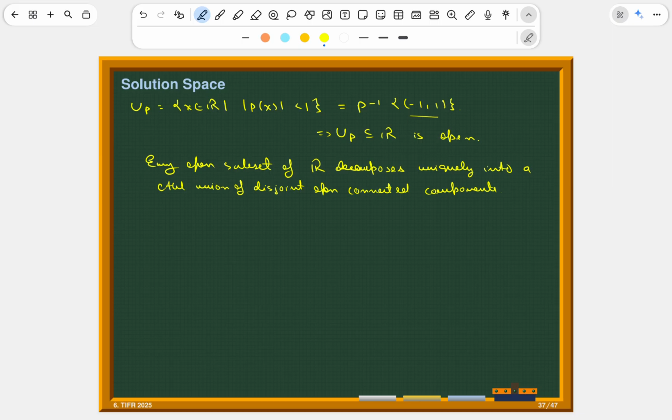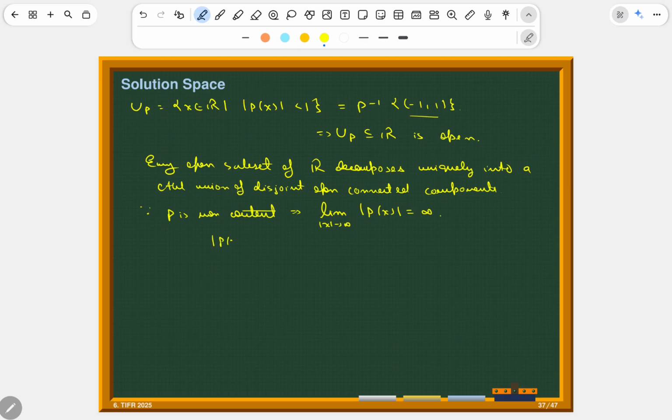Okay, now first thing which you should be observing very clearly is that Px is a non-constant polynomial. So therefore, since P is non-constant, that should imply that P has an asymptotic behavior. That is, limit mod x goes to infinity, mod of Px should be infinity.